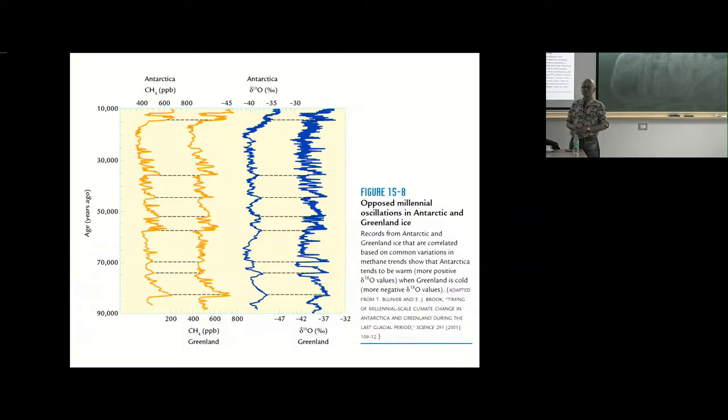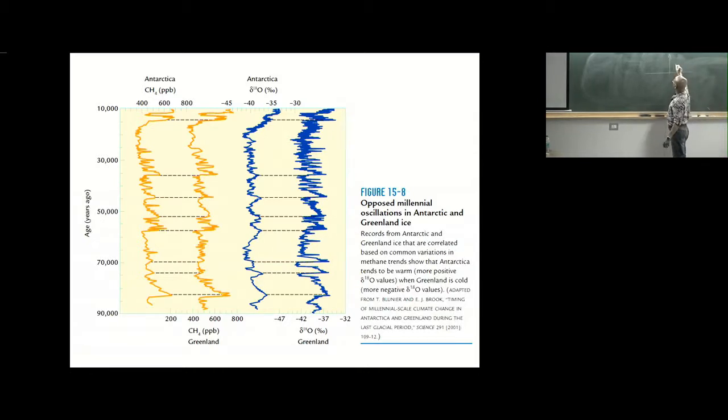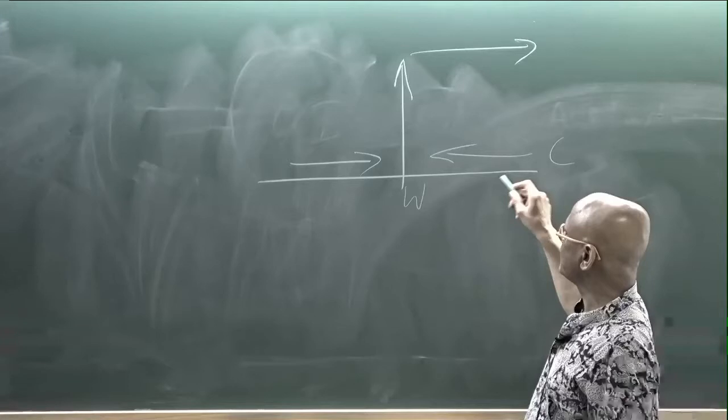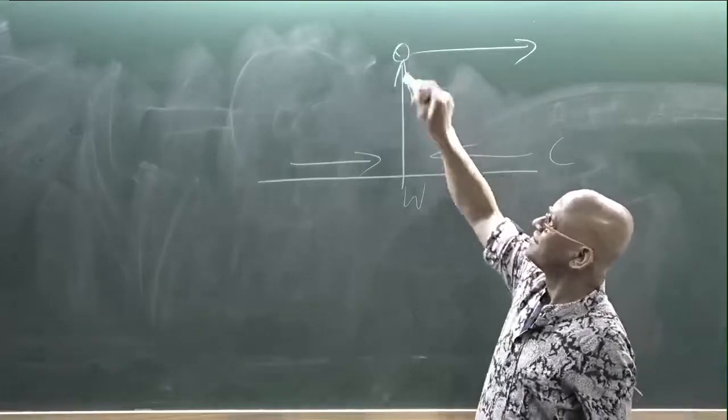So if you remember what we said, those details you probably don't remember because you're having trouble remembering even simpler things. But if there is rising motion and wind is coming from the subtropics, it is colder here and warmer here. We already said that if you just look at heat, at least, and then you are going this way, right? So it's very cold here.